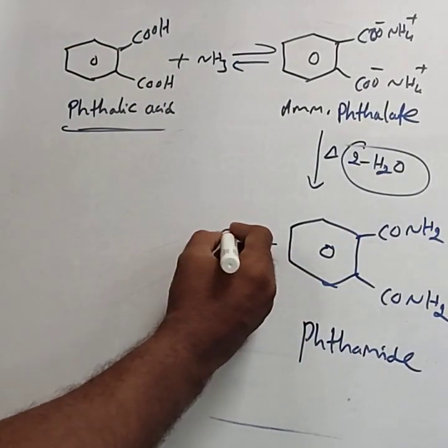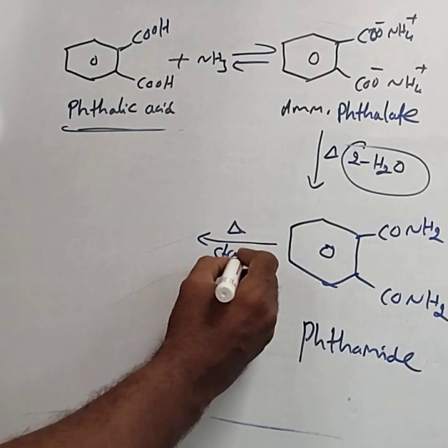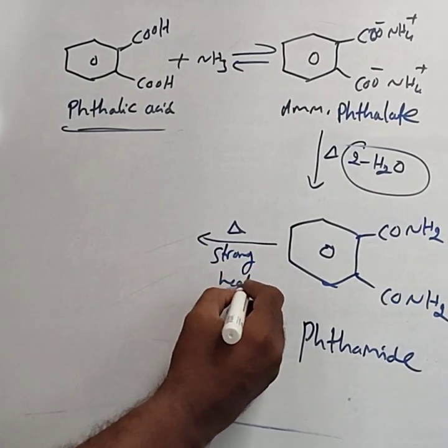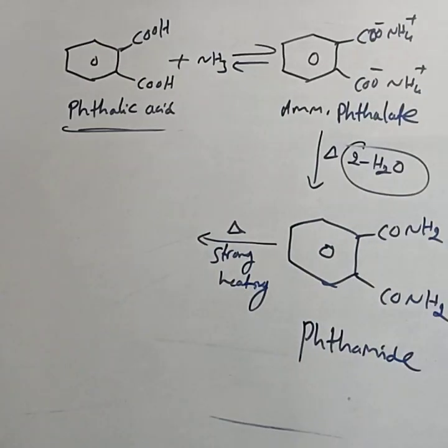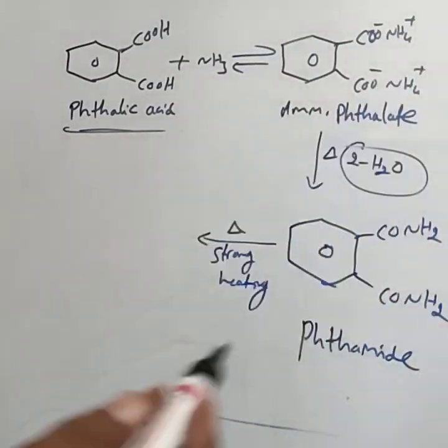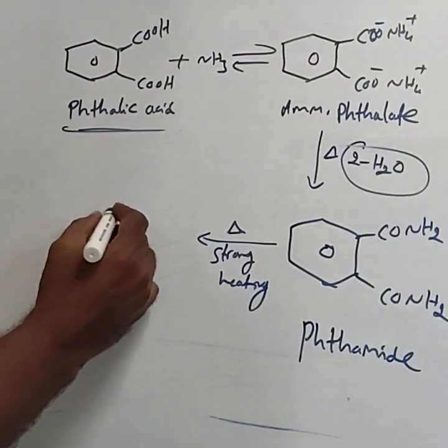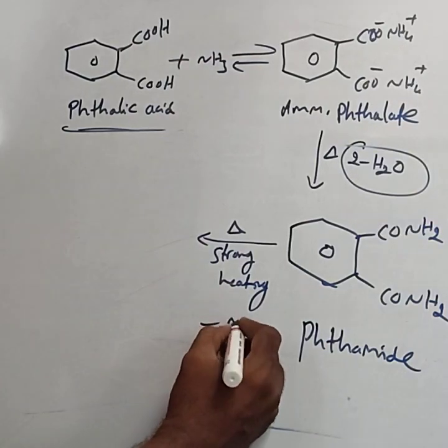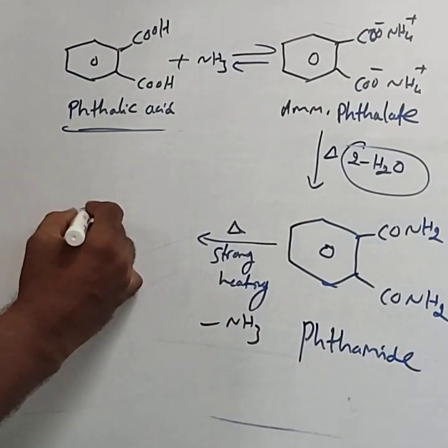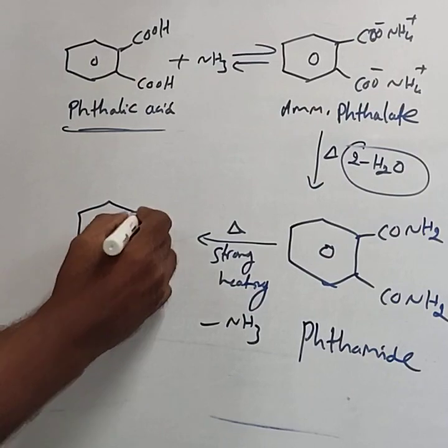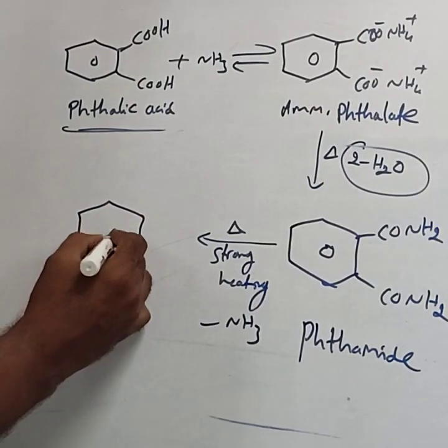Again, for phthalic acid, one more step takes place. On further strong heating, removal of ammonia takes place. NH3 loss takes place, minus NH3. Then the product formed is, this is the benzene ring.